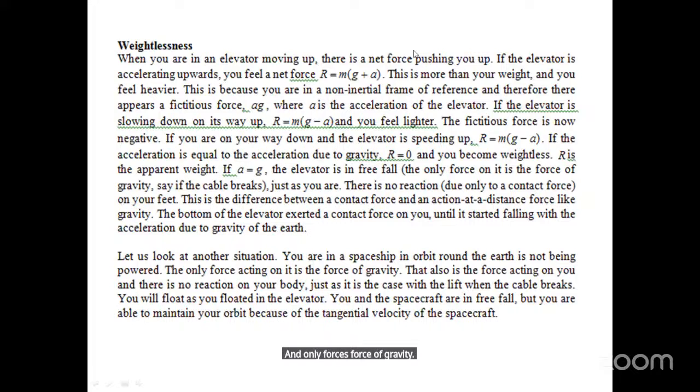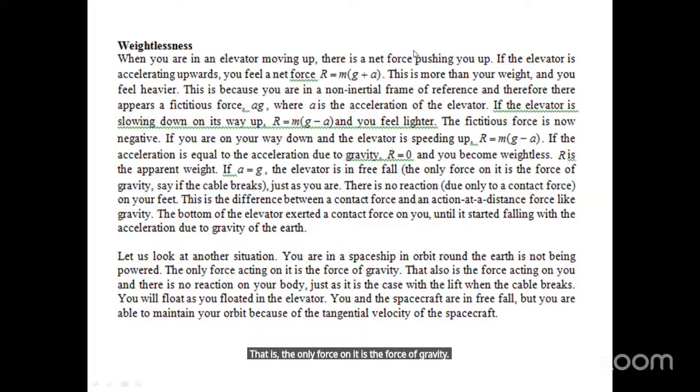When you throw a body up, it is still in free fall, even if it is going up. That's what I've explained now. The elevator is in free fall, that is, the only force on it is the force of gravity.